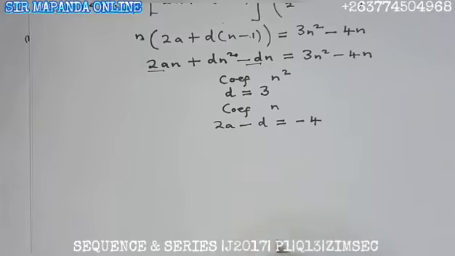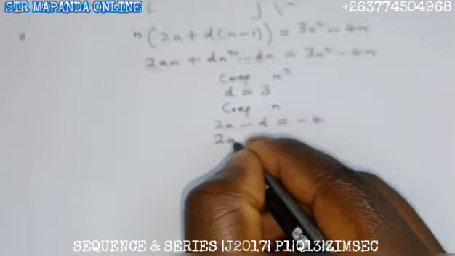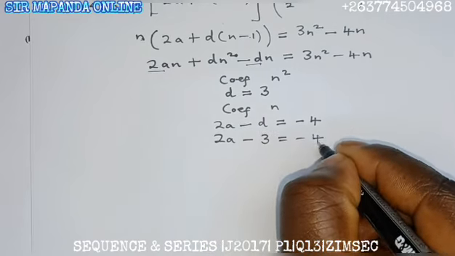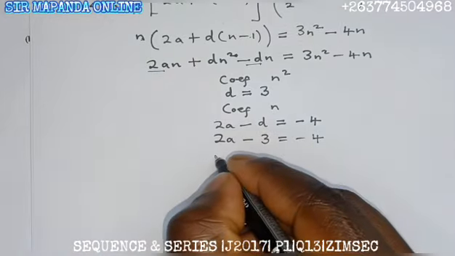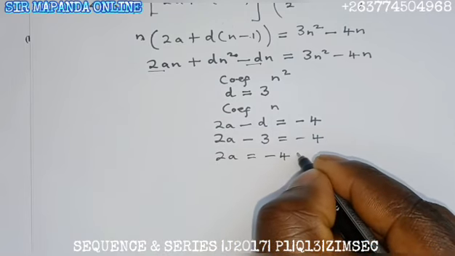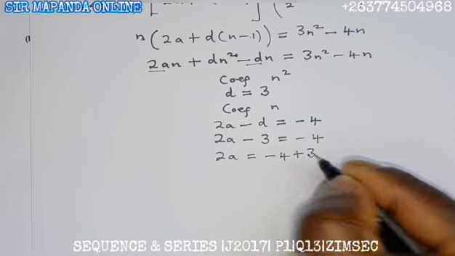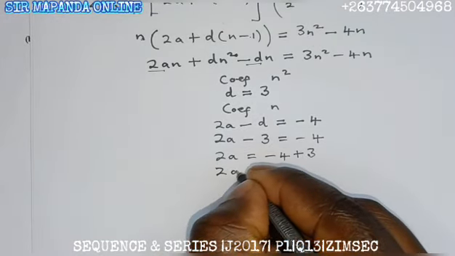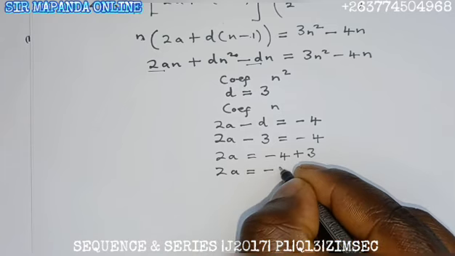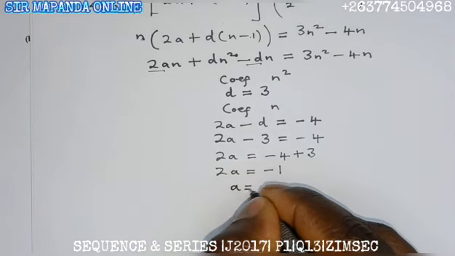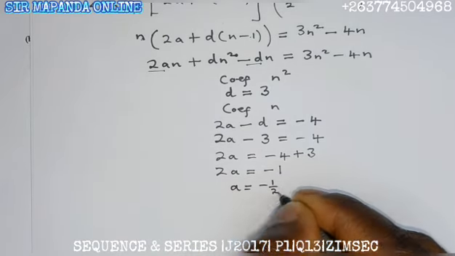So since d is 3, you are now saying 2a minus 3 is equal to minus 4. You get 2a is equal to minus 4 plus 3, which is minus 1. Divide both sides by 2. It gives you a is equal to minus half.